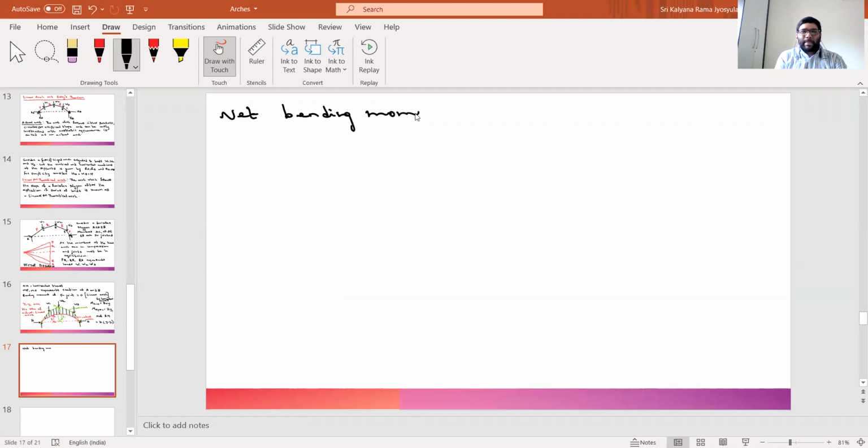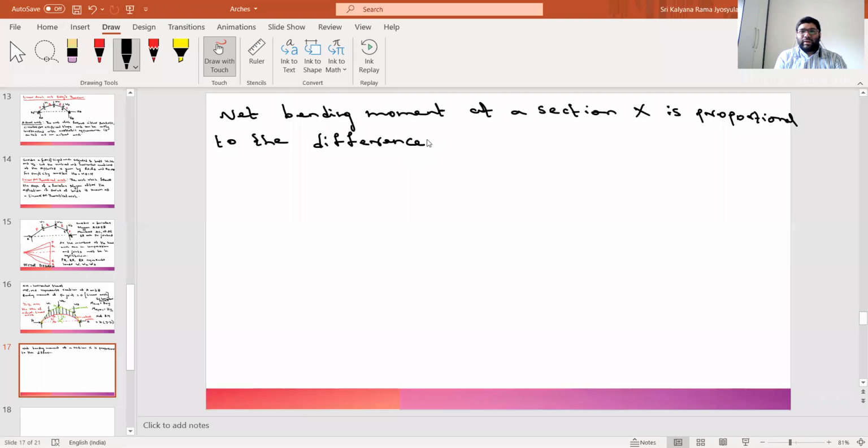Net bending moment at a section X is proportional to what? The difference in the rise, that is y minus y1. Therefore, let us conclude this by giving a name to it: Eddy's theorem.